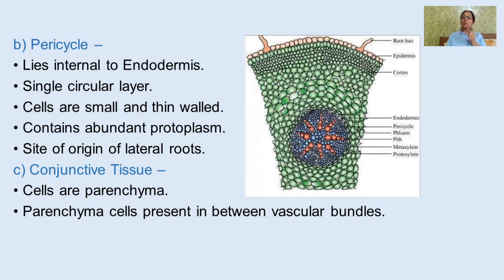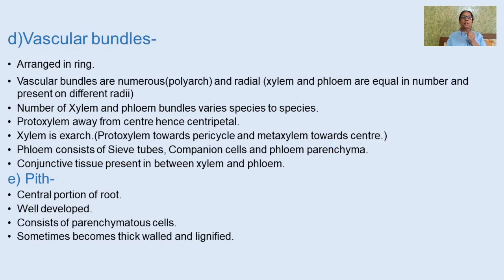The conjunctive tissue consists of simple parenchymatous cells, present in between the vascular bundles in the central portion. The vascular bundles are arranged in a ring. They are many in number, so we call this a polyarch condition.